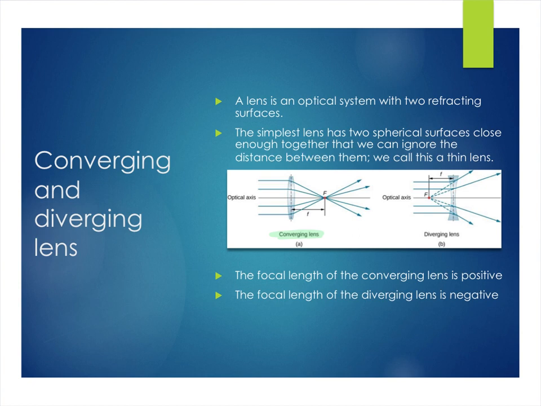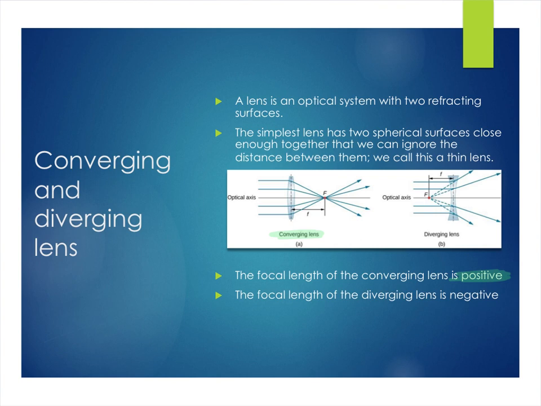As they go through the lens, they will be converged, they will bend inward, and they all intersect at a common point, and this is called the focal point. The distance from the focal point to the lens is called the focal length. For a converging lens, the focal length is a positive value. This is similar to, if you remember, converging mirrors, which were concave mirrors, also having a positive focal length.